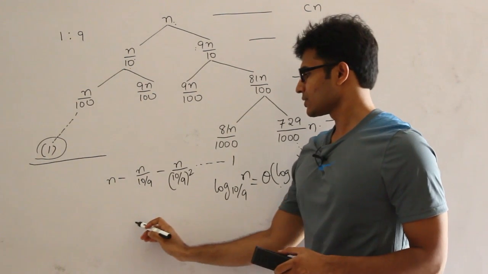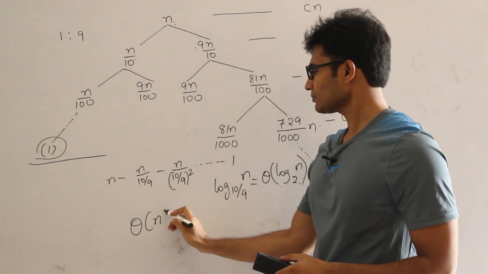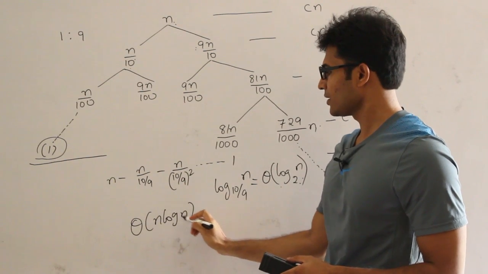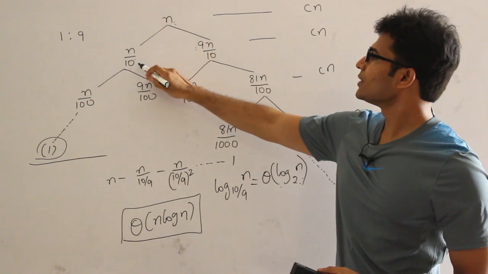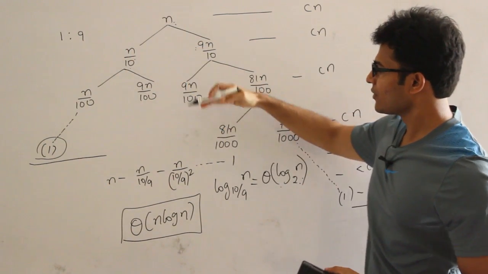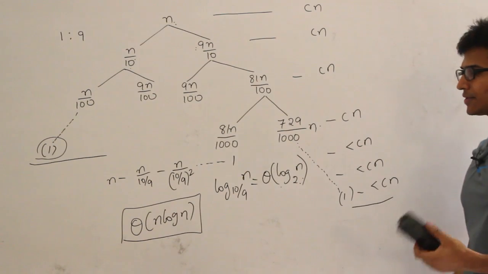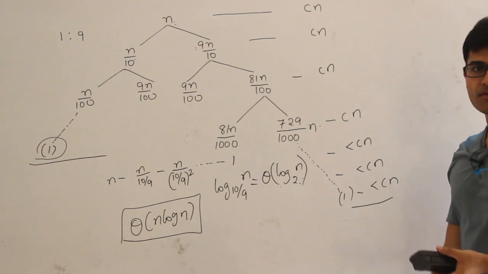So total work done is nothing but theta of n log n, right. From this we have seen that even if the split is 1:9 at every level, we are going to get the best case time complexity, which is order of n log n.